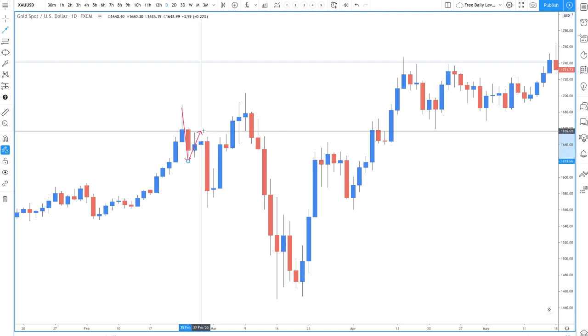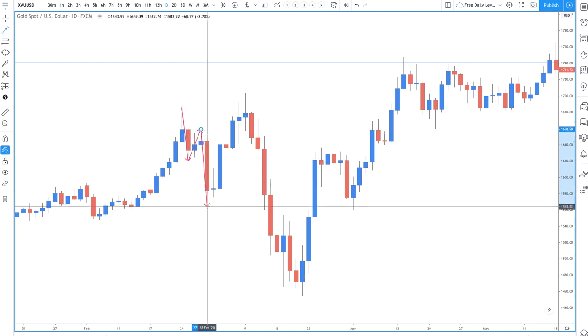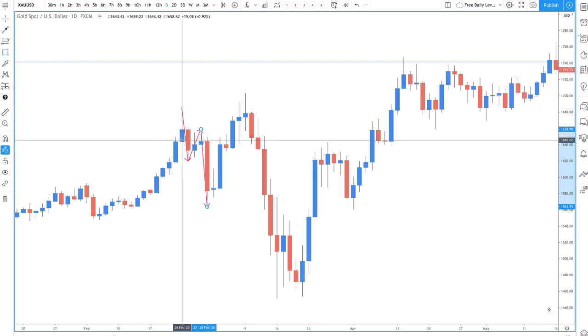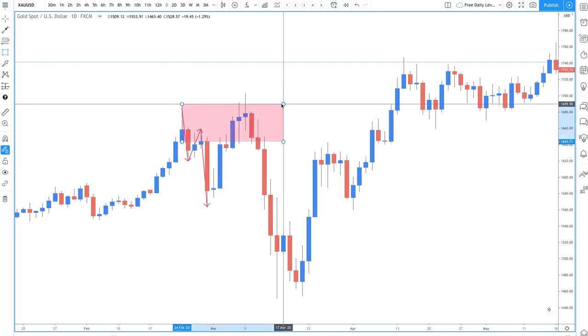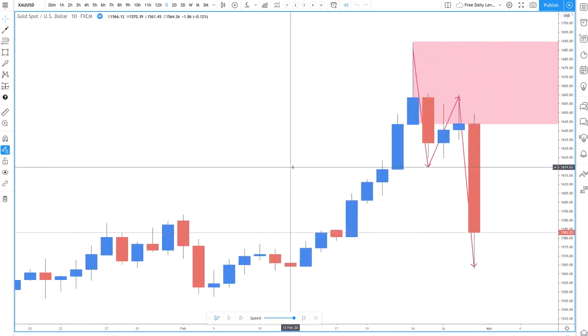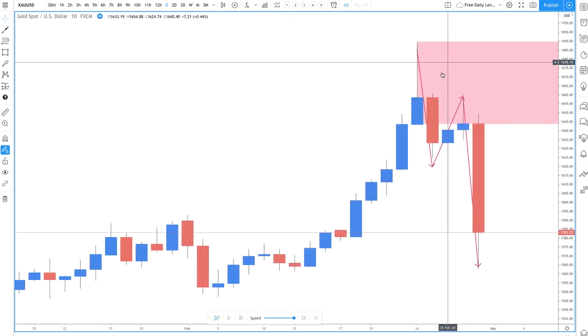Low, lower high, lower low. So this area becomes an area of supply. That whole area now is an area of supply.